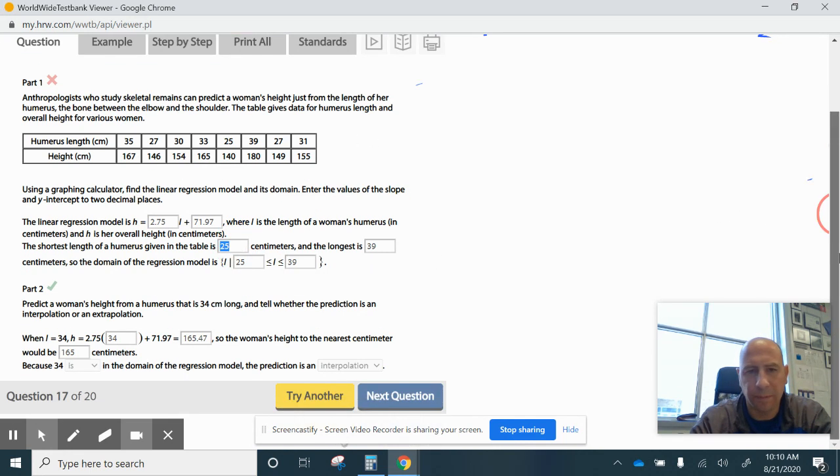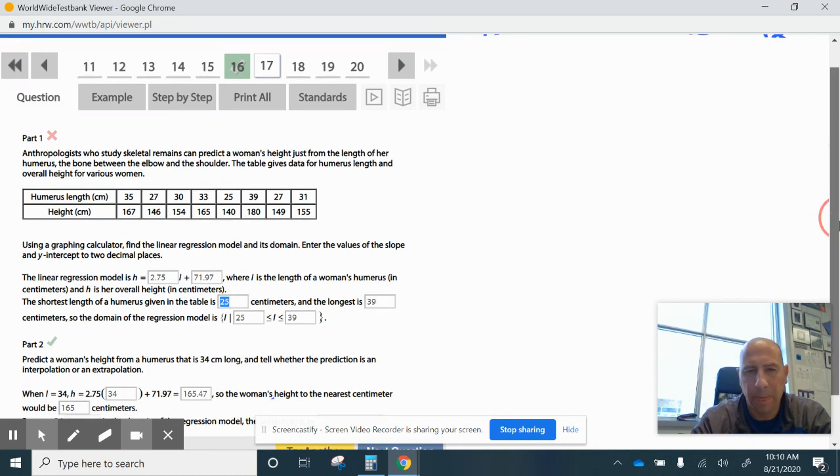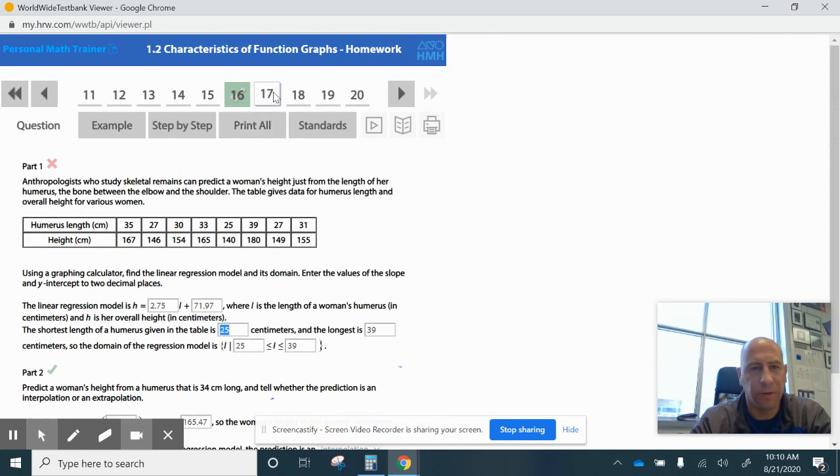And apparently it doesn't want to let me change the question, but these numbers are wrong. It should be the height values, and I don't know why those are there, okay? But that's an easy fix on your part, okay? So let's move on to the next question.